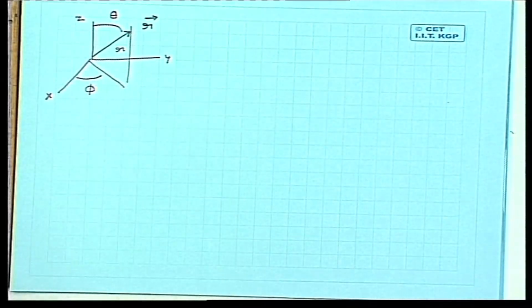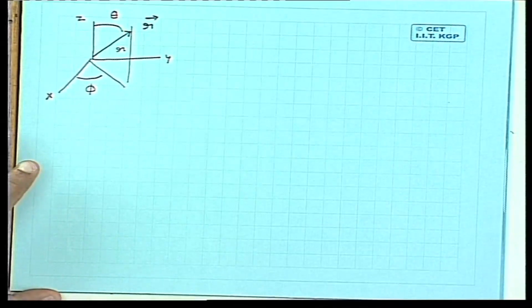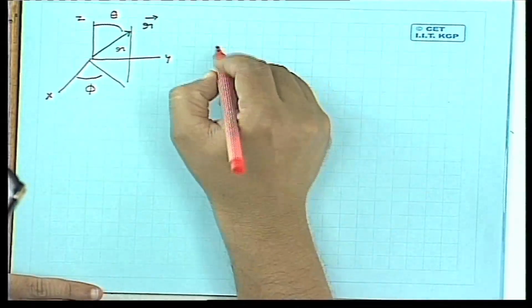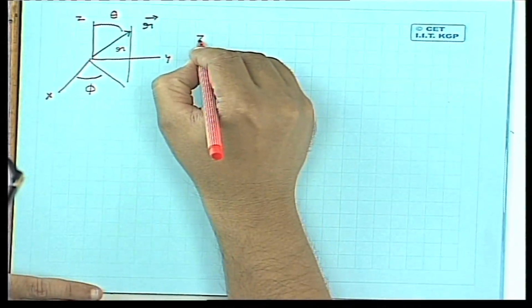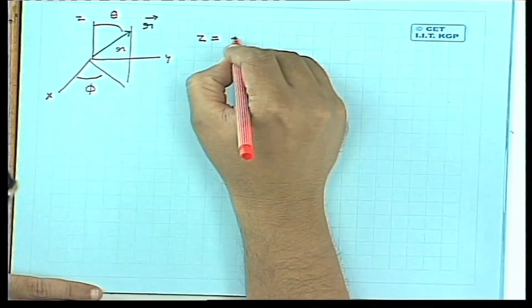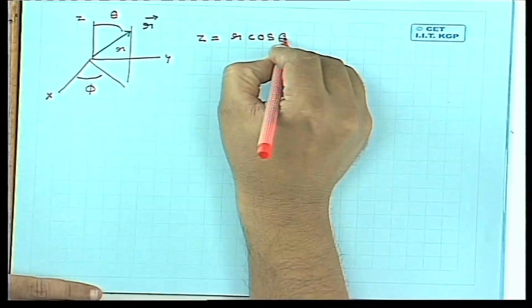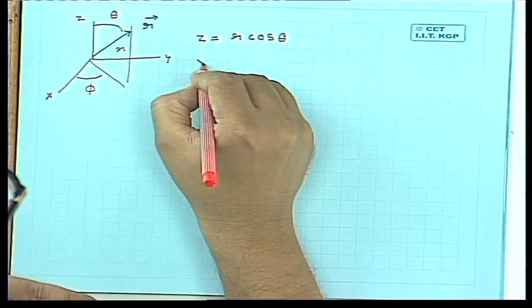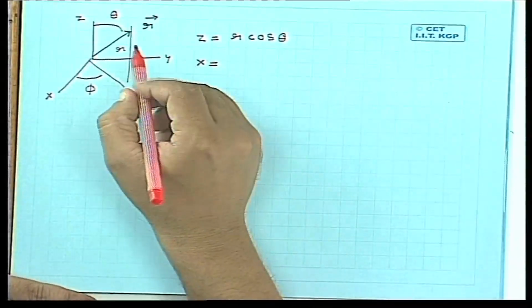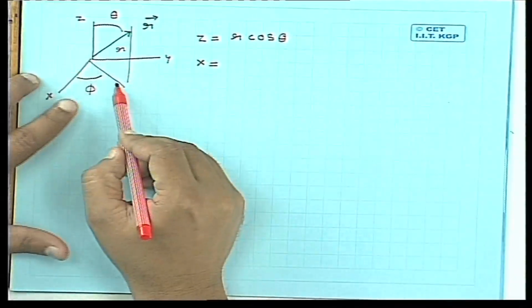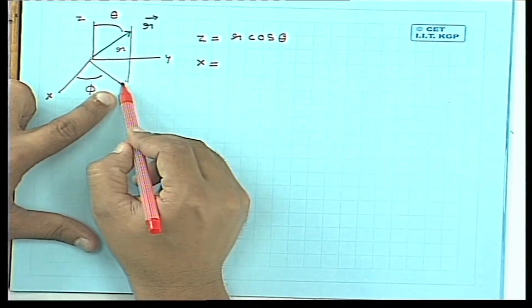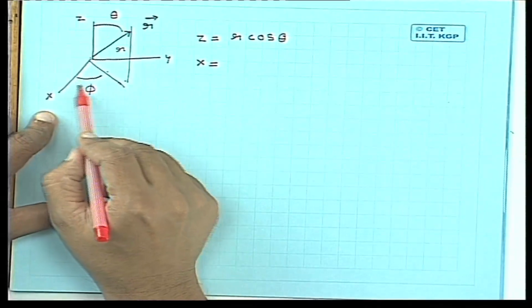So let me first write down the relation between x, y, z and r, theta, and phi. So z we know is equal to r cos theta. x is equal to r, then the sine we have to project it here, which is sine theta, and then project it onto the x axis, which is cos phi.